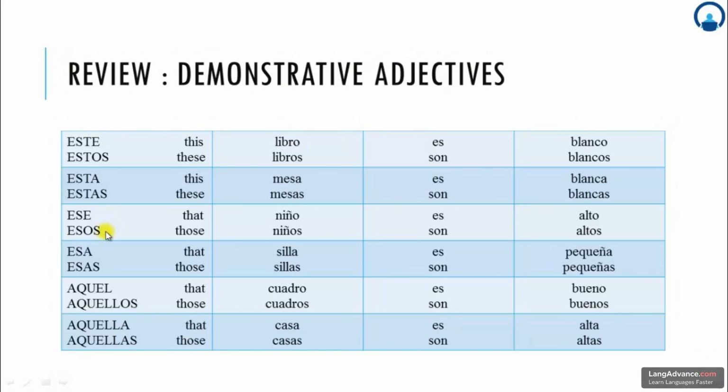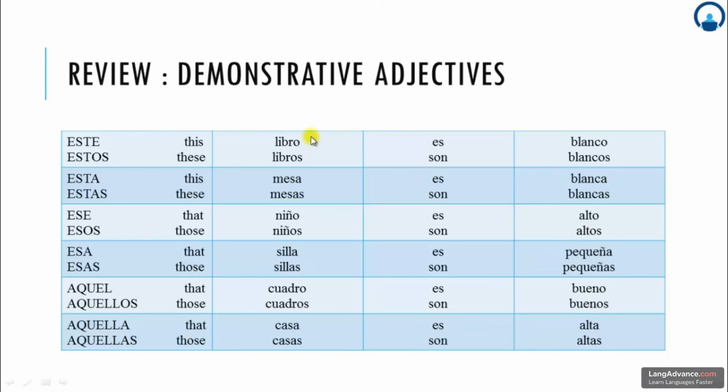Esos means plural for masculine. Esa is singular for feminine. Esas is plural for feminine. Aquel is singular for masculine. Aquellos, plural for masculine. Aquella, singular feminine, and aquellas, plural feminine.